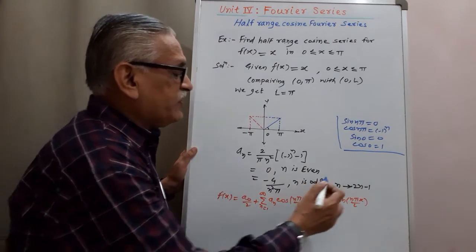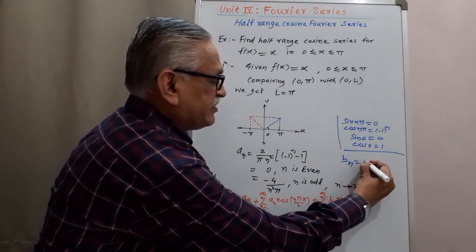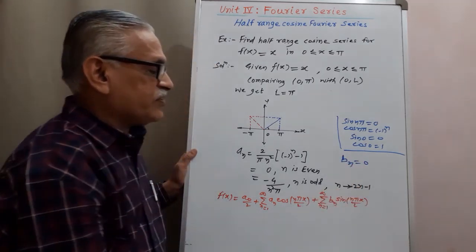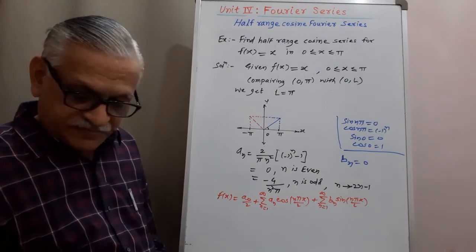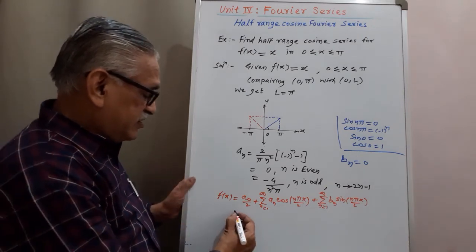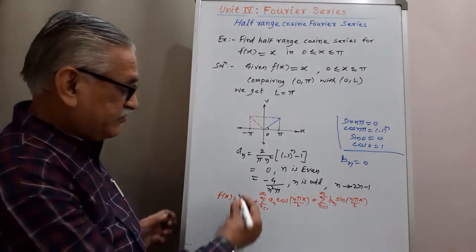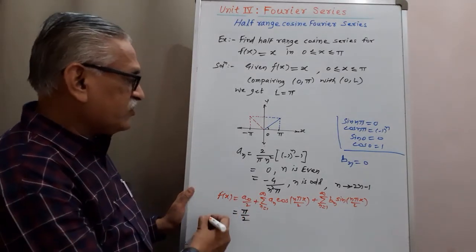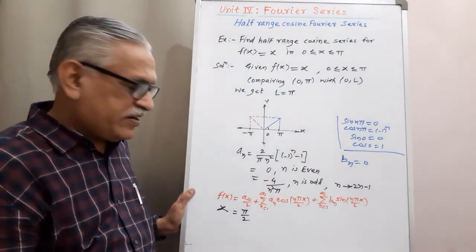And the value of bn we get 0, as it is an even function. The extended function is an even function, and therefore substituting those values we get the value of a0 is pi, therefore it becomes pi by 2, and the function is x, whose Fourier series is required.